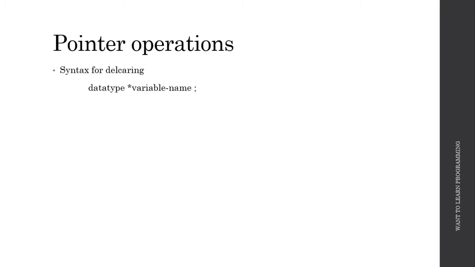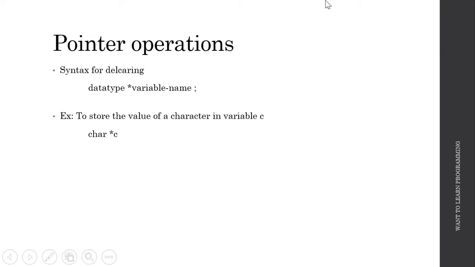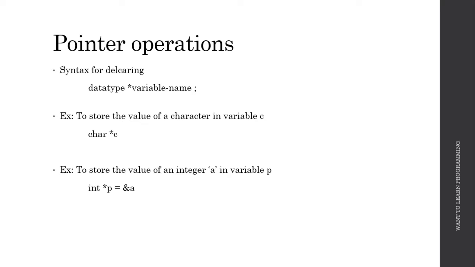So let's look at an example. To store the address of a character in variable c, we use char star c, because the variable that c is pointing to is a character, so the data type of the pointer is also character. Now, an example to store the address of integer a in pointer p: int star p equal to ampersand a.